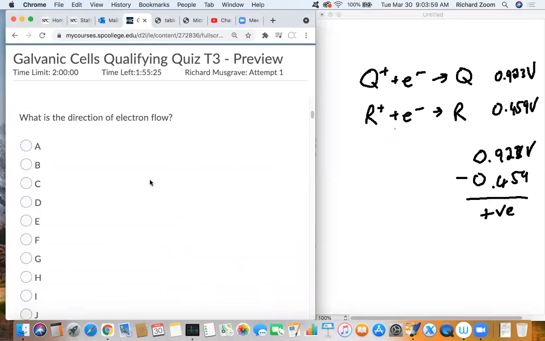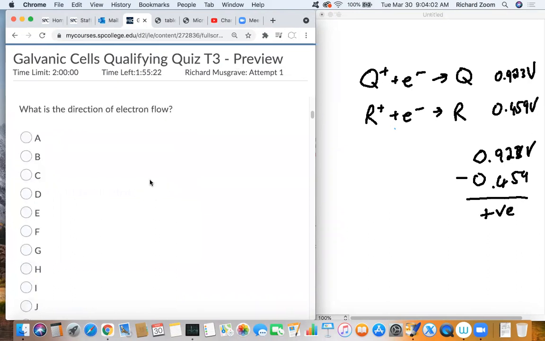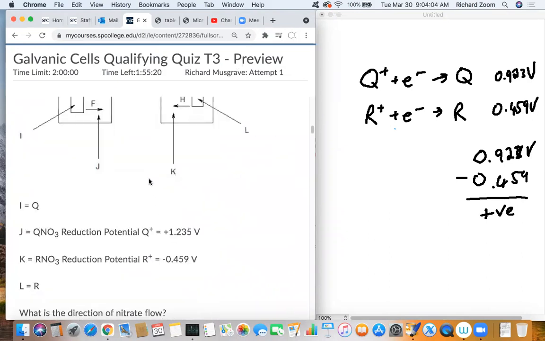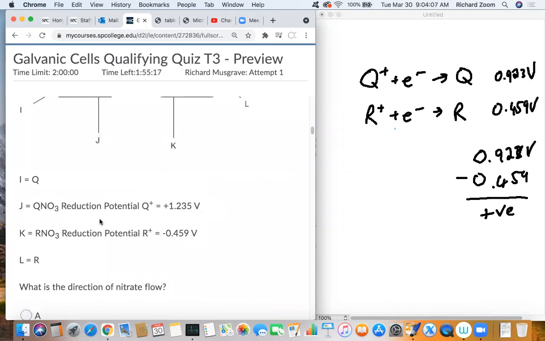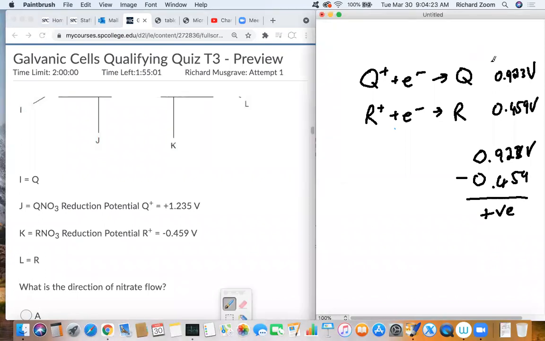Okay, now the catch with this specific exercise is that they change each time. So whatever's the anode and the cathode is going to change around because these reduction potentials change. So let's look at this next one here, and we'll see. I think this time I'll get a better result. At least I'm hoping for it. Okay, let's see.